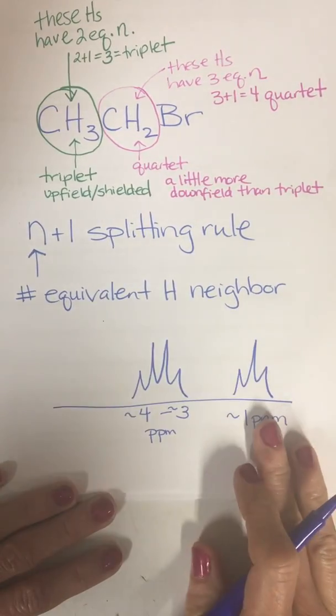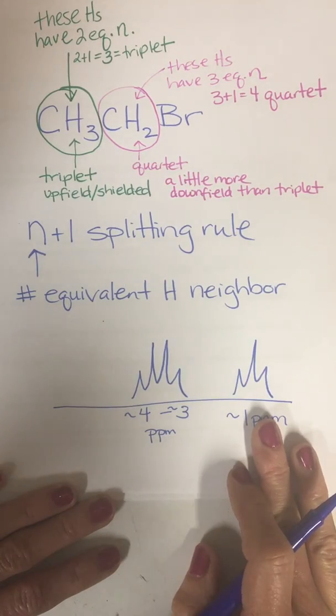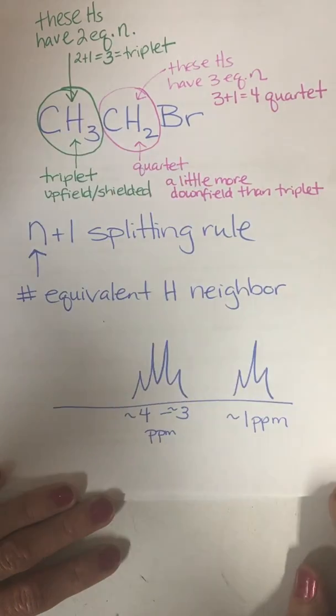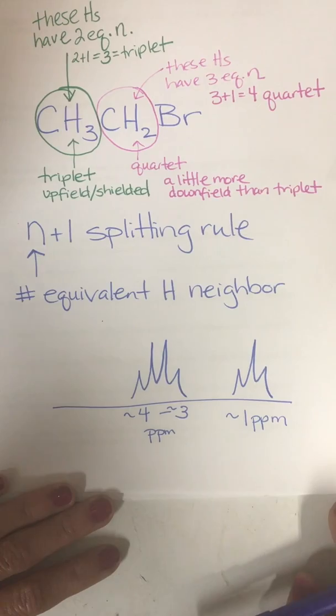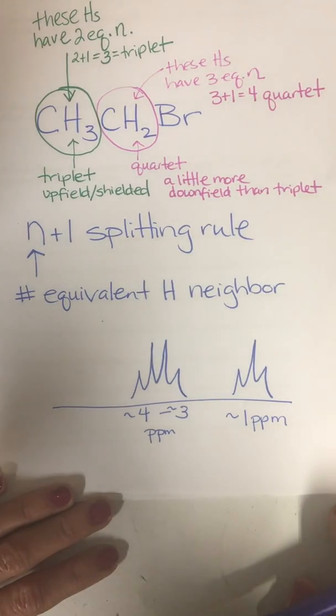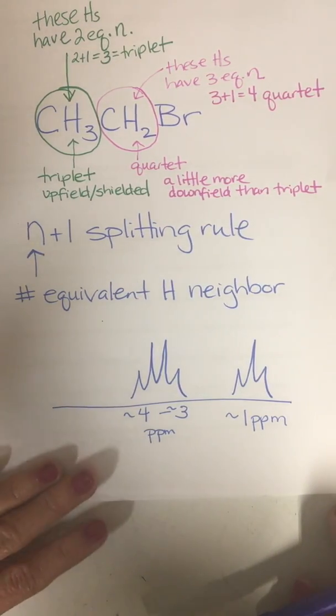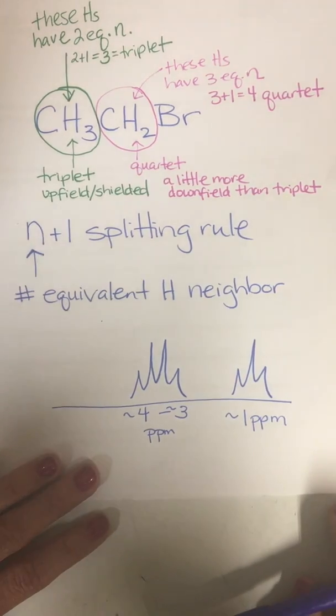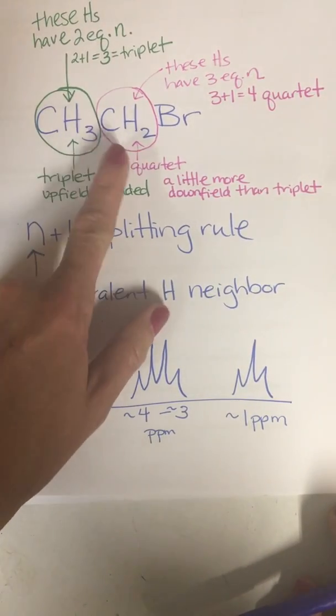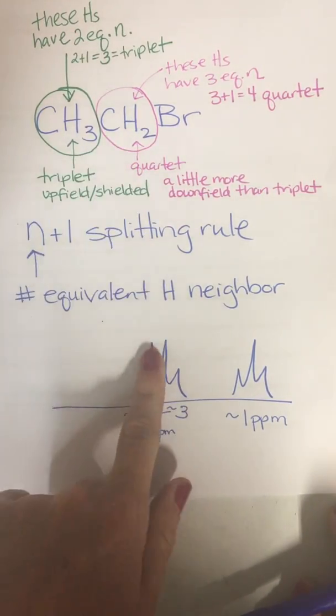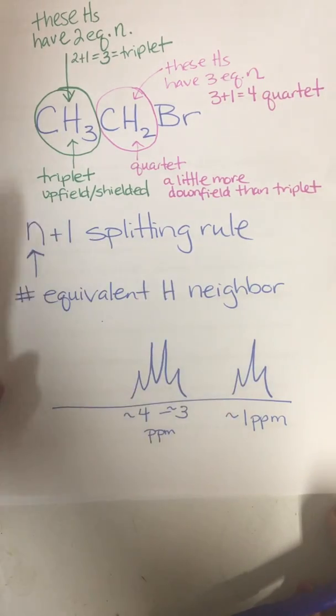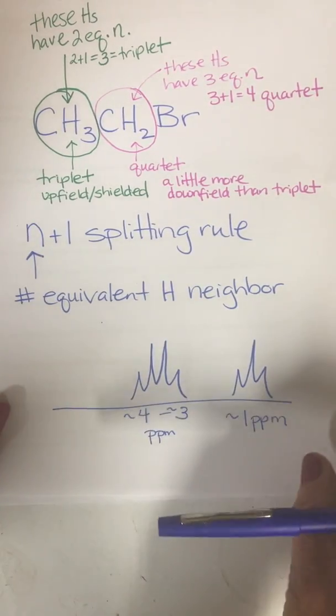The relative heights reflect the number of hydrogens. These hydrogens are pretty close to each other, just 1 difference apart, so no huge difference in height there. But this is what you would see for the splitting pattern for this molecule. There's your 2 signals, and of course what the signals are split into.